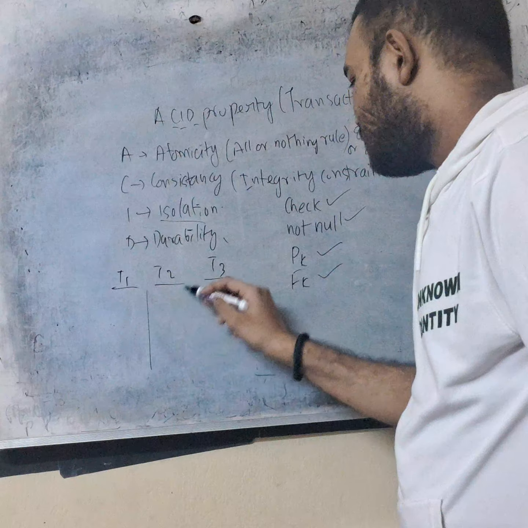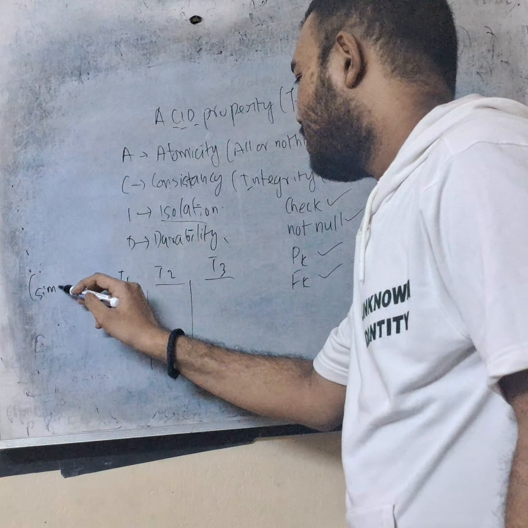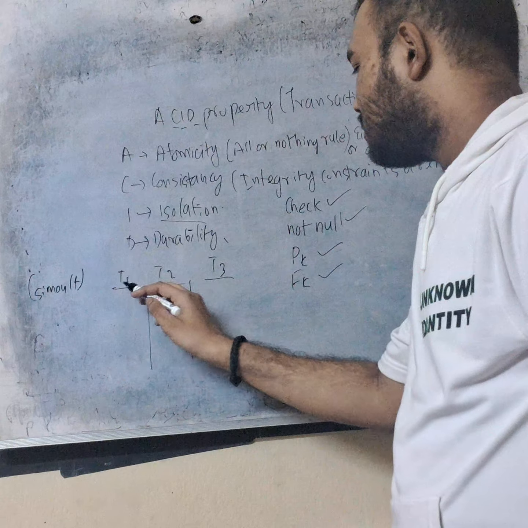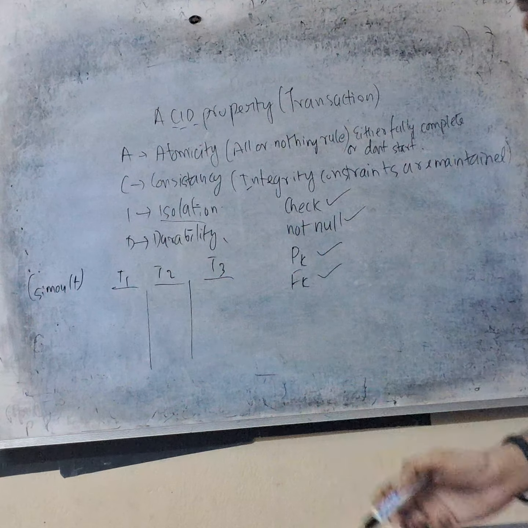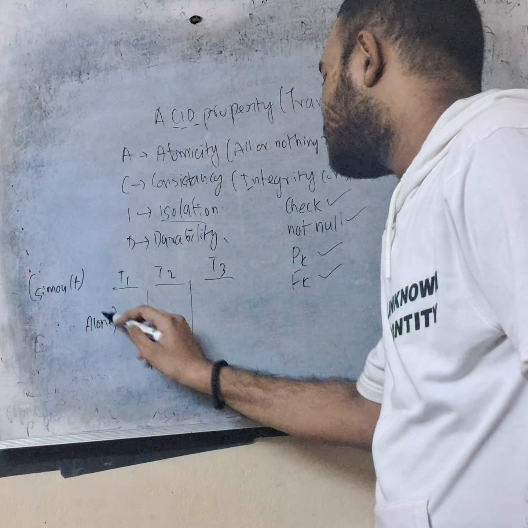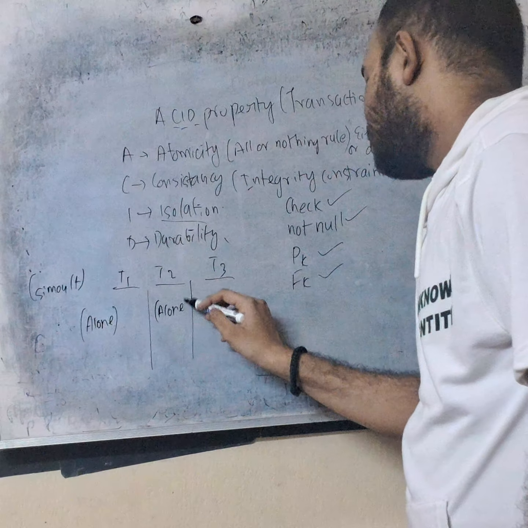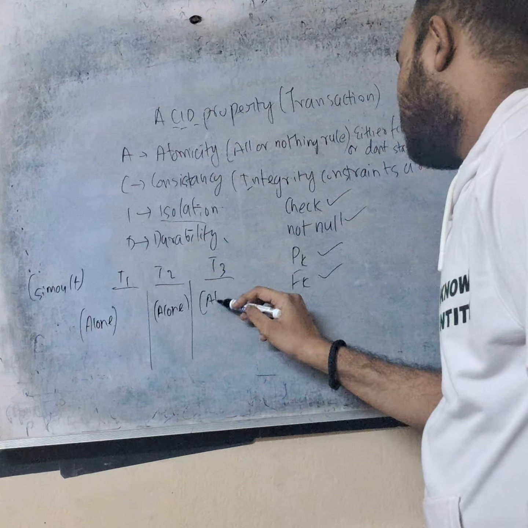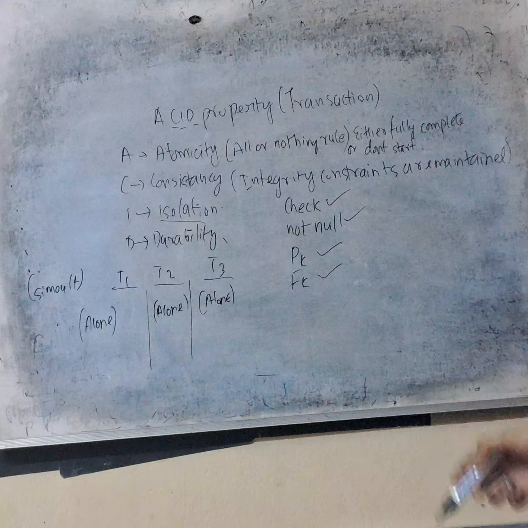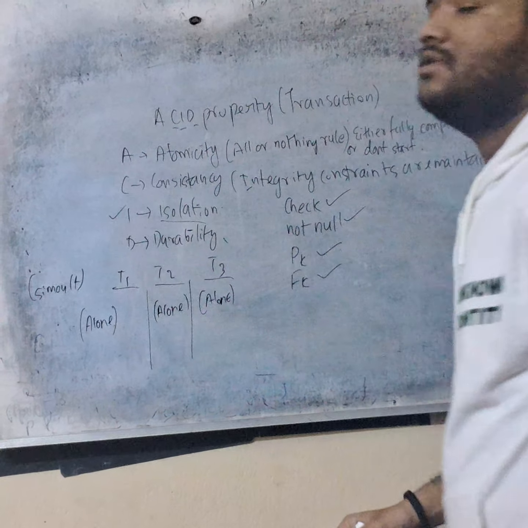All these transactions are running simultaneously, but every transaction should think that it is running alone in the system. No other transaction is running in parallel. This property is also ensured by the transaction manager, and it is known as the isolation property.